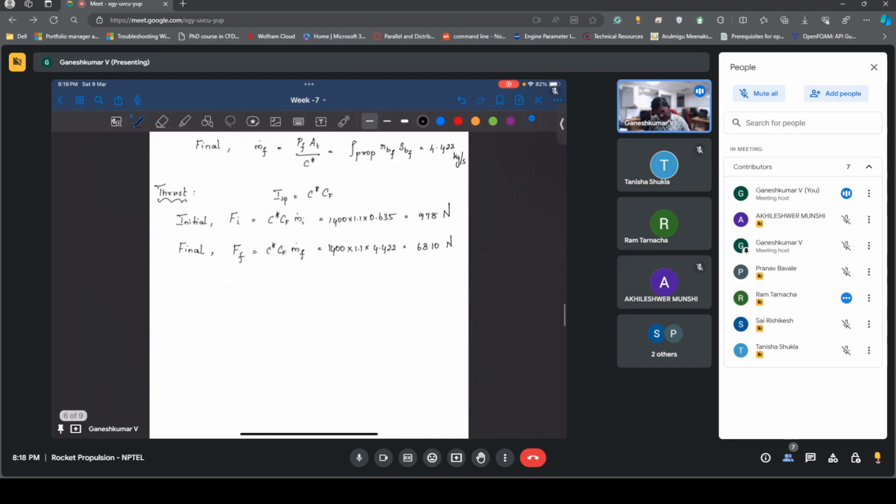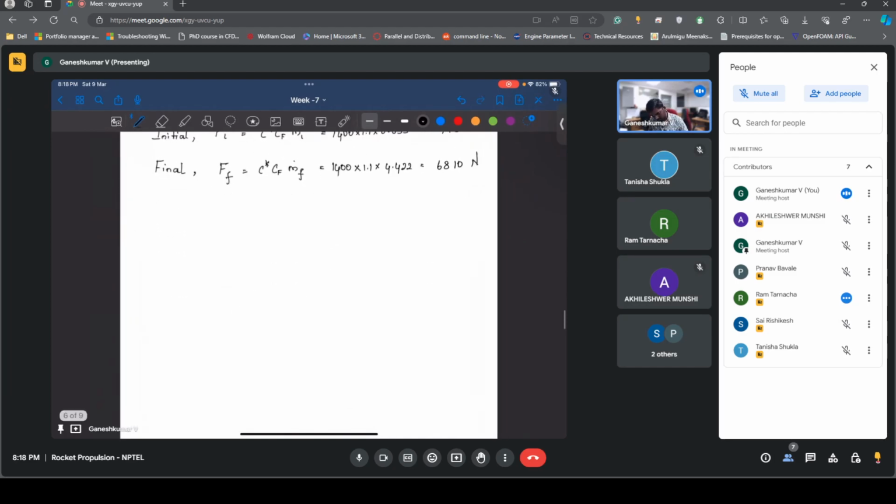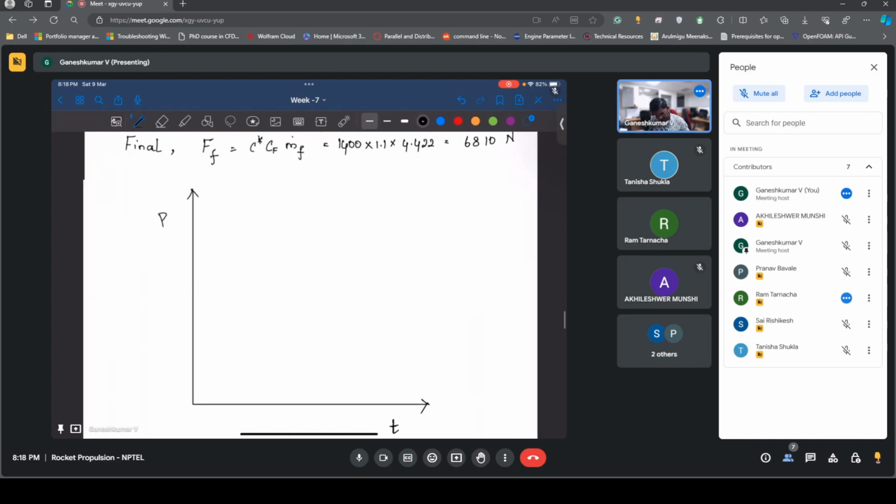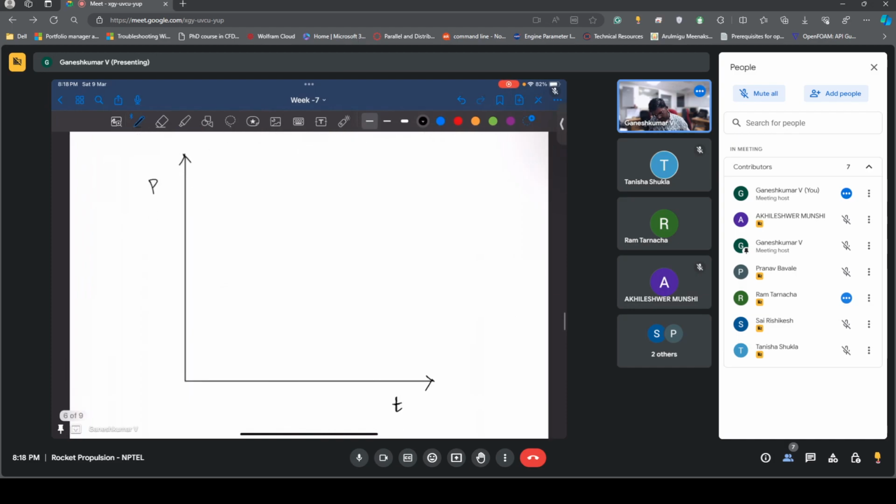So let's say if I want to plot this, how will it look? Let's say I am plotting pressure with respect to time. Ideally it should look something like this.